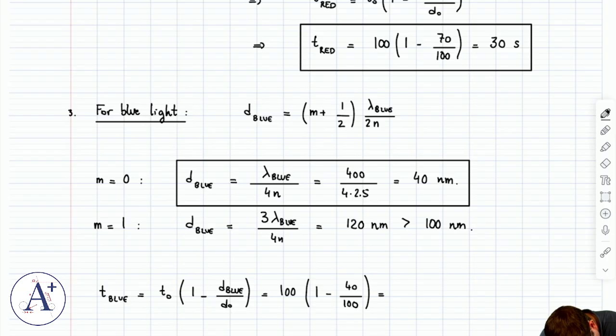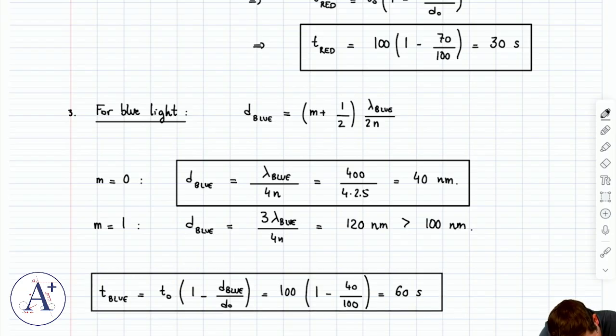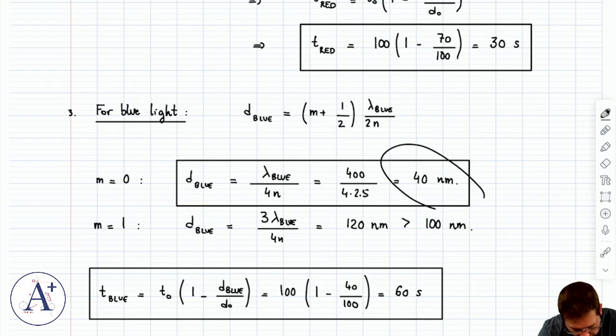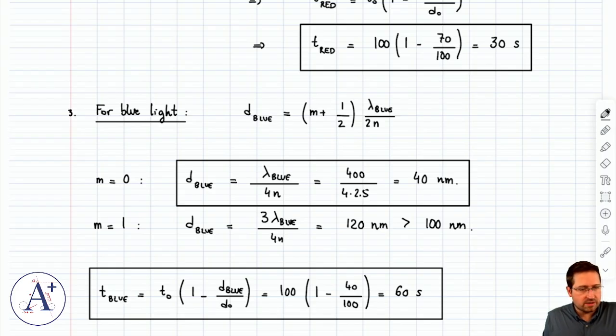That's 0.6 times 100, which is 60 seconds. And 60 seconds is less than 100 seconds, so we're all good. It makes sense that 40 nanometers is still within 100 nanometers to 0, so it makes sense that you find a time that works too. And t blue is just 60 seconds. So really good little thin film interference problem there. Pretty classic, and with a nice twist where now the thickness of the film decreases as a function of time. Why not?